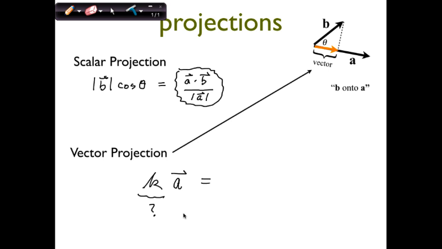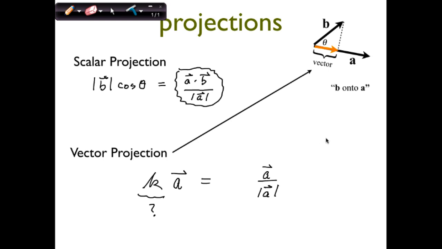So some of you are talking about the unit vector, right? If I had the unit vector in the direction of A, which is A divided by its magnitude, that's the unit vector in the direction of A. And how do I get it to be the magnitude it needs to be? Times the length.